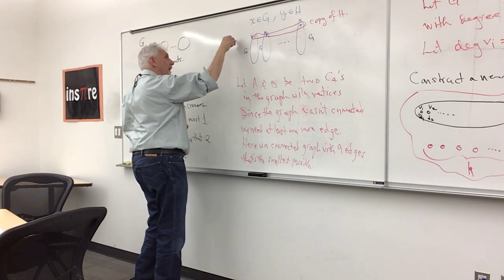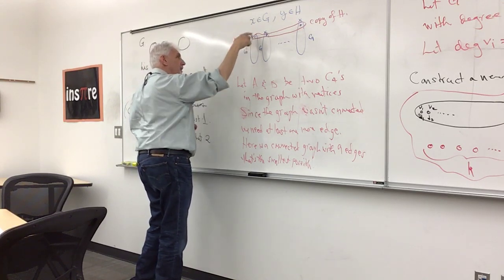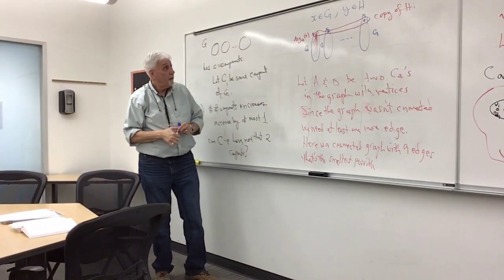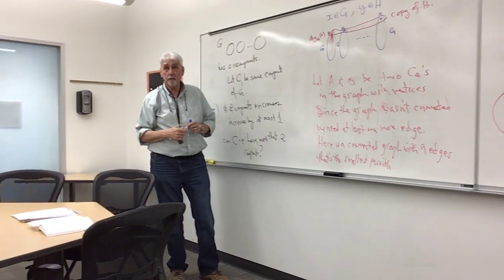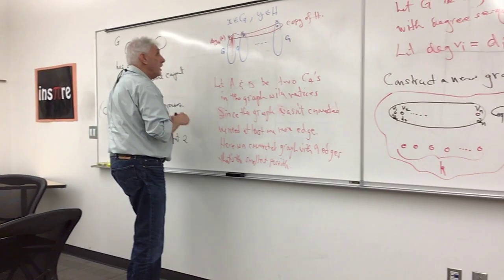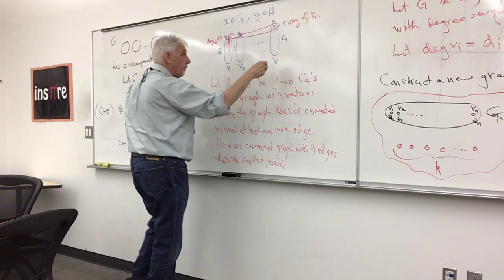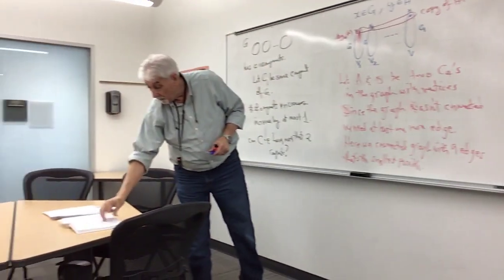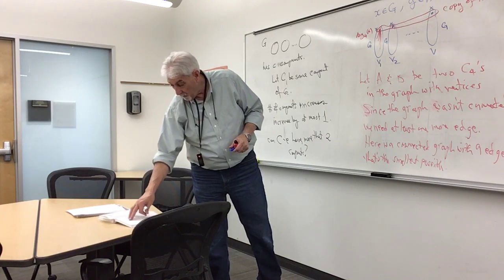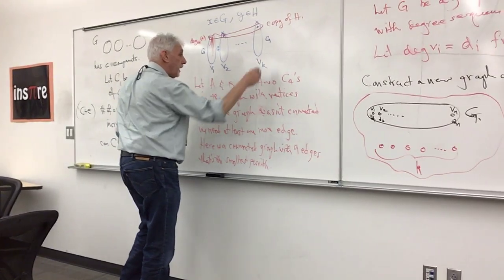So let's say the degree in G of x is d. What's its degree in H? Okay, so let's label the vertices in H: v1, v2, and so on. How big is H? It doesn't say. However big H is, say it has k vertices.